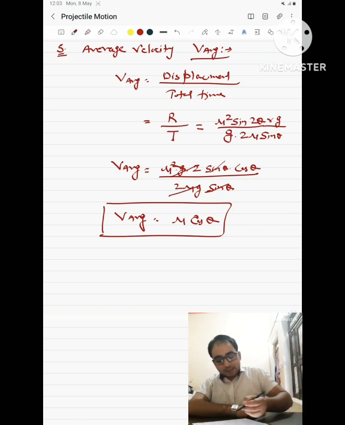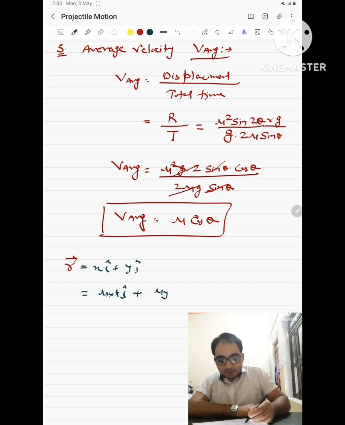Similarly, we can write the position vector at any time t. R can be written as x i cap plus y j cap. So x is uxt i cap and y is uyt minus half of gt square j cap.